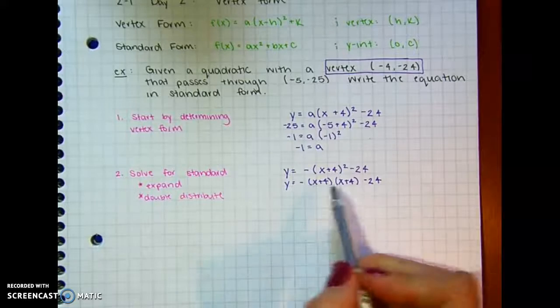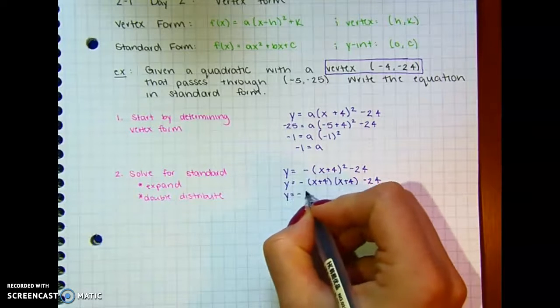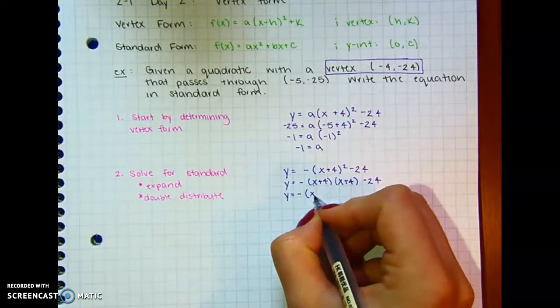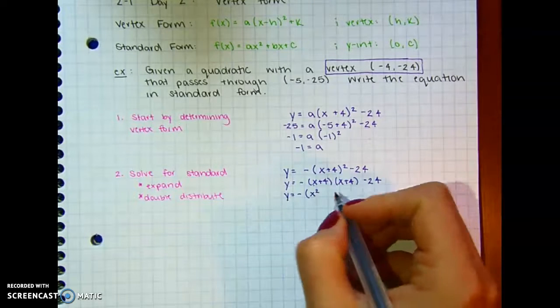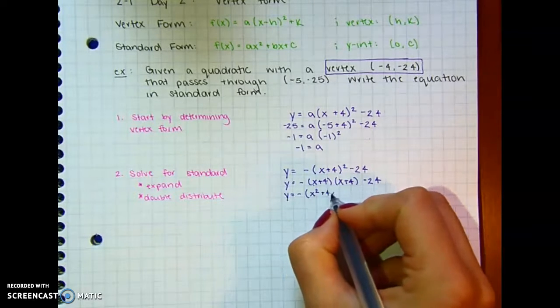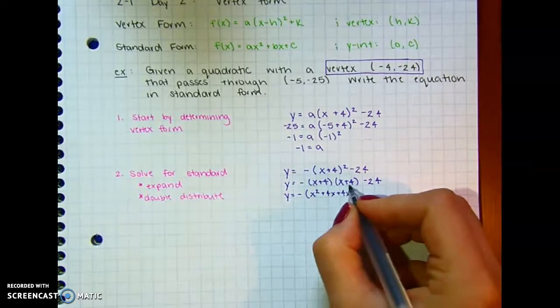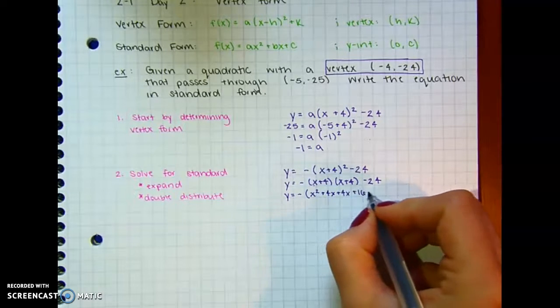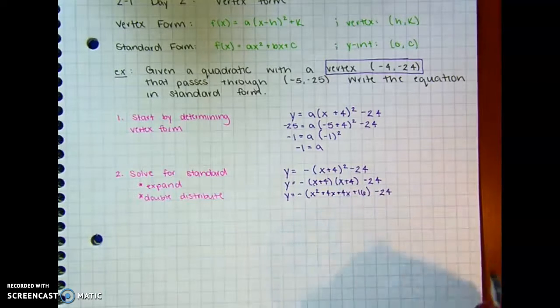So we distribute these first, and I'm going to just bring down the negative. x times x is x squared. I'll show a little bit more work than usual, so we get plus 4x. 4 times x is another 4x. Usually I just combine those, and then 4 times 4 is 16. Here's another mistake. Students forget to bring down that minus 24.